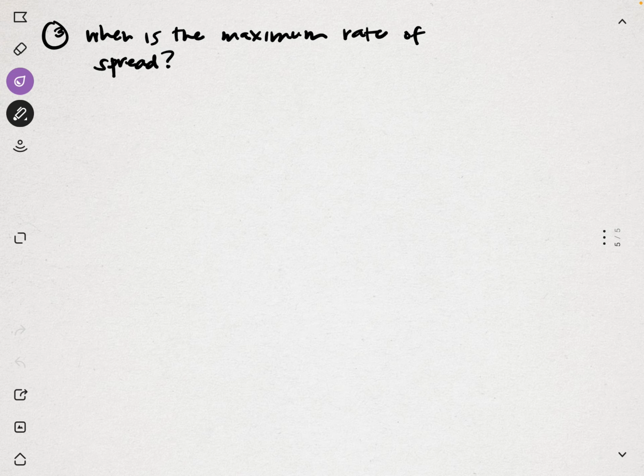So what we can do here is we could graph P of t, right? And we would try to find when the slope is the highest.